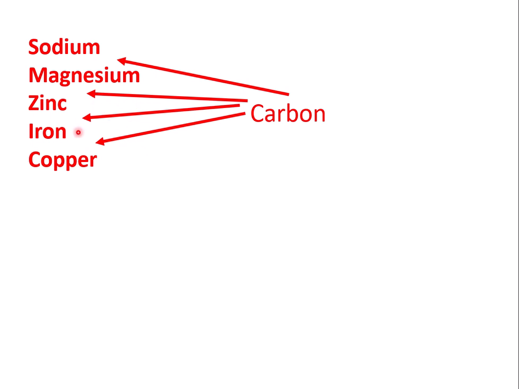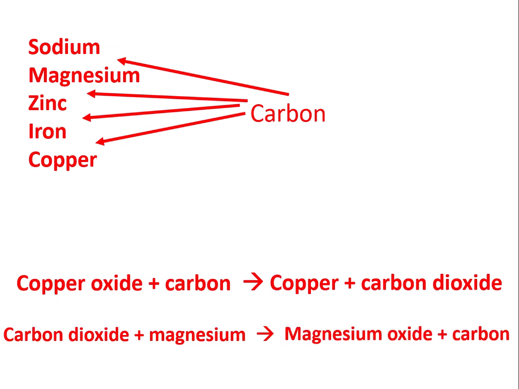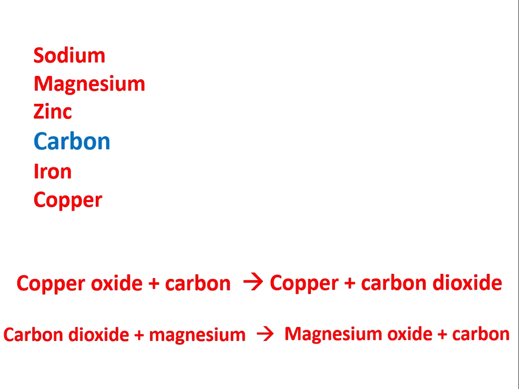And we could do other experiments and show where it is compared there, but basically where it ends up, there's our word equations given: copper oxide and carbon giving us copper plus carbon dioxide, plus magnesium giving us magnesium oxide plus carbon. So the carbon then fits in there. It fits in between zinc and magnesium. So we put it there on a reactivity series.